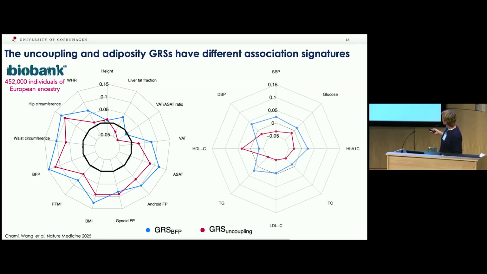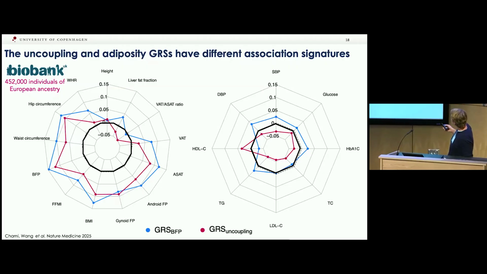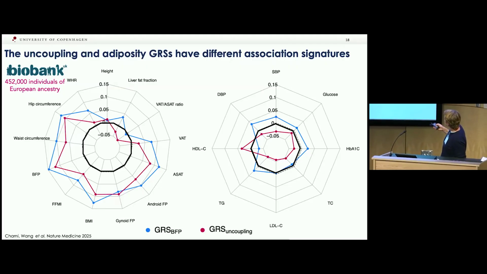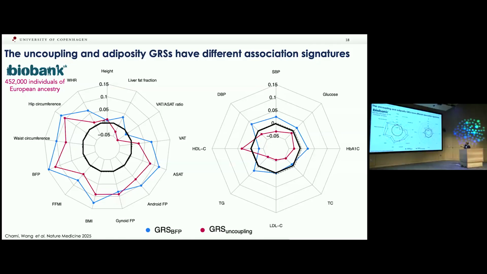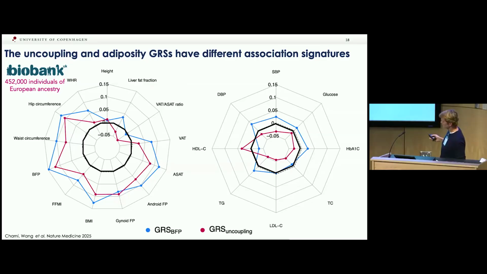It's more visible if you look at the risk factors, where here is the null line, and you see that the healthy score lies mostly on the inside, on the negative side, so the protective side of this radar plot, meaning it's associated with lower blood pressure, lower glucose levels, lower HbA1c, triglyceride, and of course higher HDL as expected. Whereas the unhealthy score, also as expected, lies on the outside.